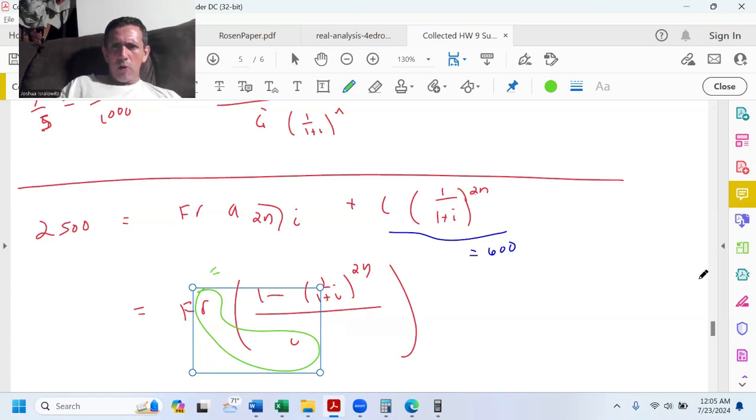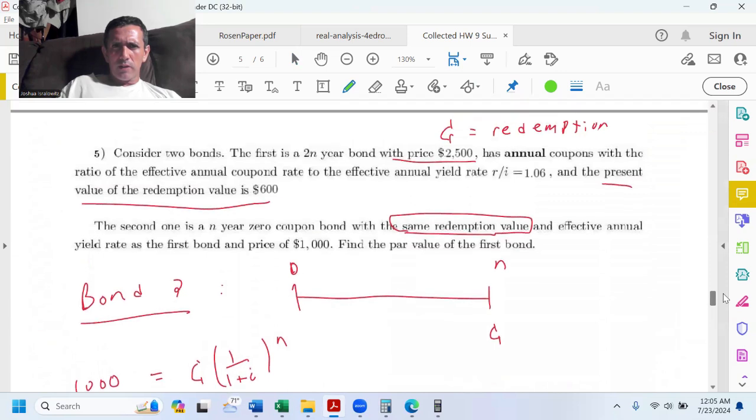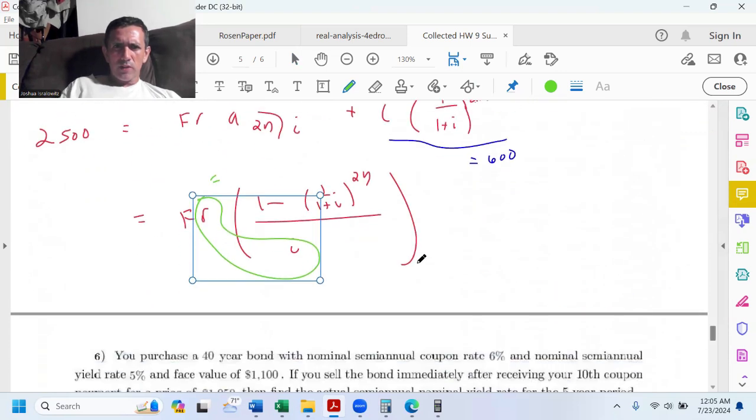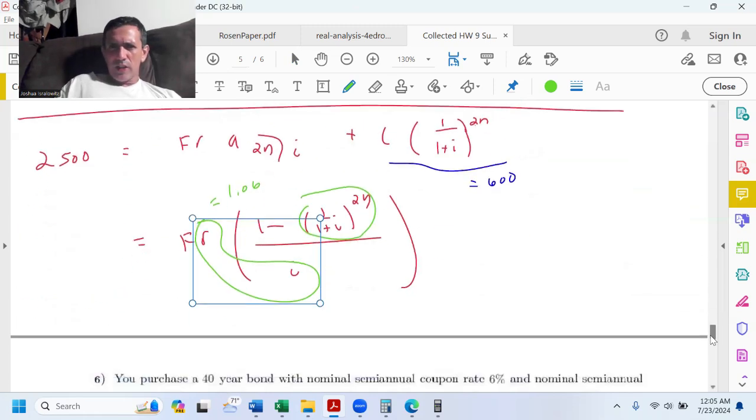Okay, so r over i, we are given to be 1.06. And 1 over 1 plus i to the n is 3 over 5, so that is just 6 over 10. It's 0.6.